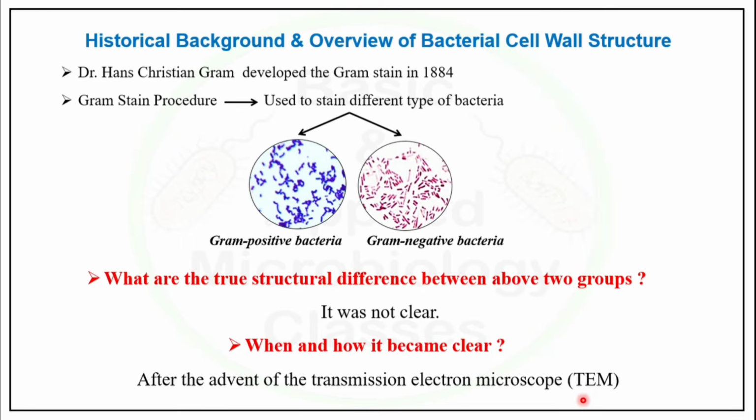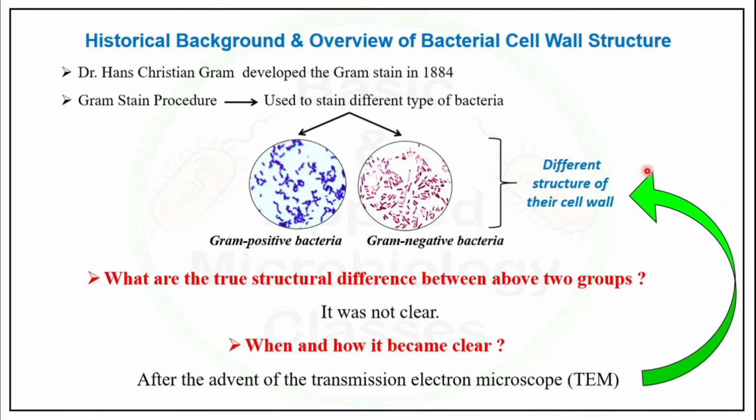After the advent of transmission electron microscopy, it was known to everyone that there are differences in the structure of their cell wall. That is the reason the two groups of bacteria give different results when we use the same staining procedure to stain them.